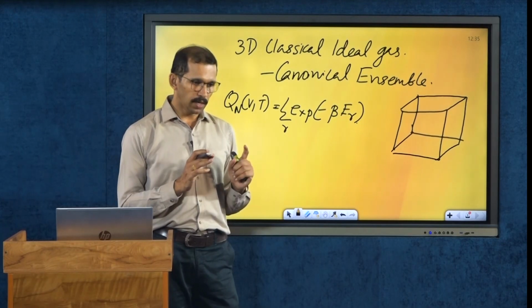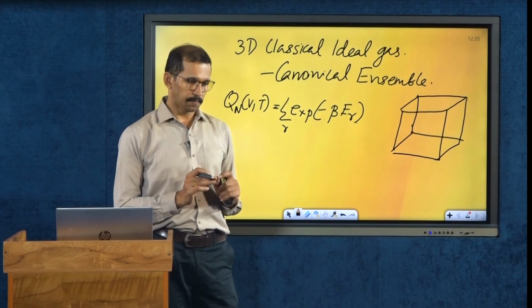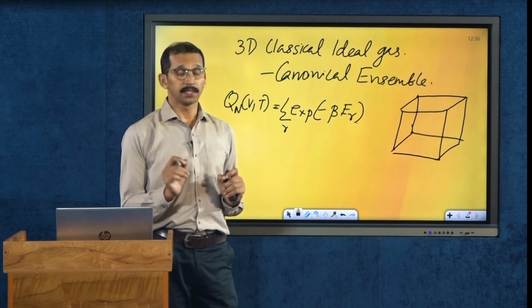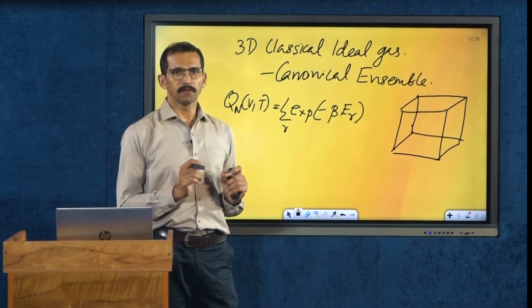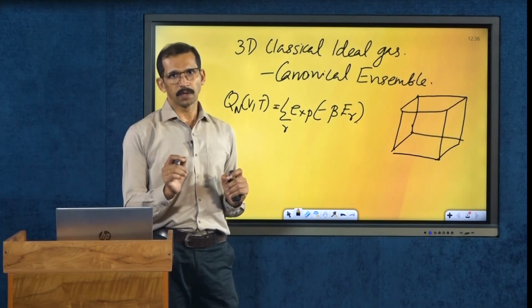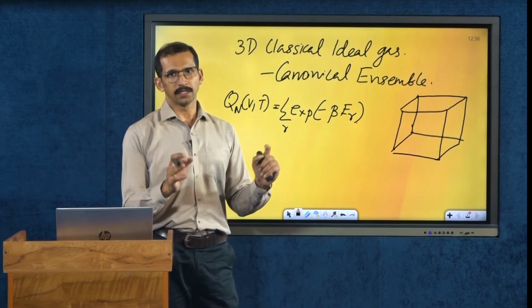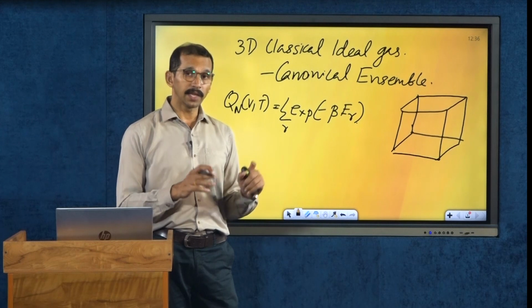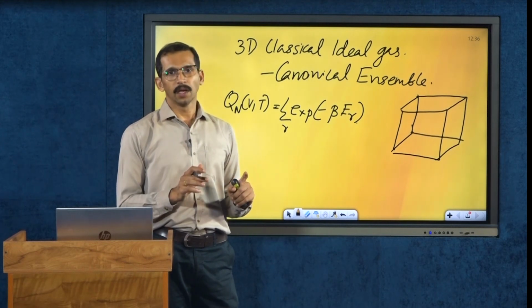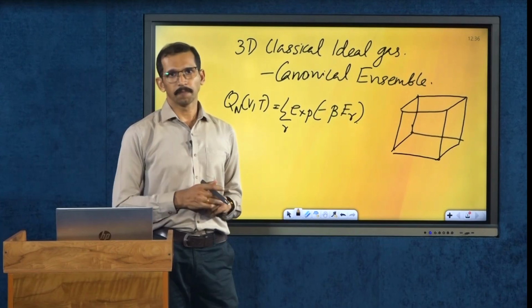Because if we need to calculate the partition function for any system, the first and foremost information we need is how many microstates are possible in that system, or more specifically in that system positioned in the phase space.